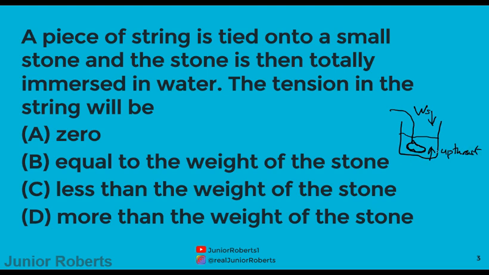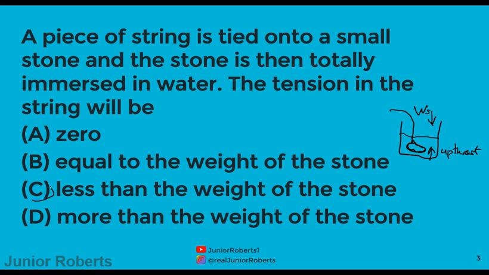Now, since there's an upward force counteracting the weight of the stone, and again, the weight of the stone will be equal to the tension in the string, it means then that the tension of the string will be less than the weight of the stone.